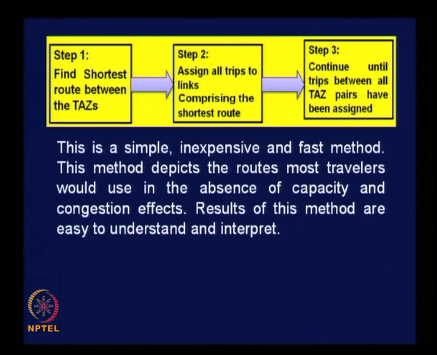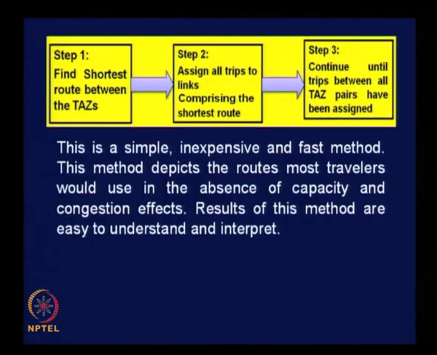This method depicts the routes most travelers would use in the absence of capacity and congestion effects. Basically, we assume that there are no problems related to capacity of any link or congestion developed on any particular link. We assume uncongested free flow condition on all the links.